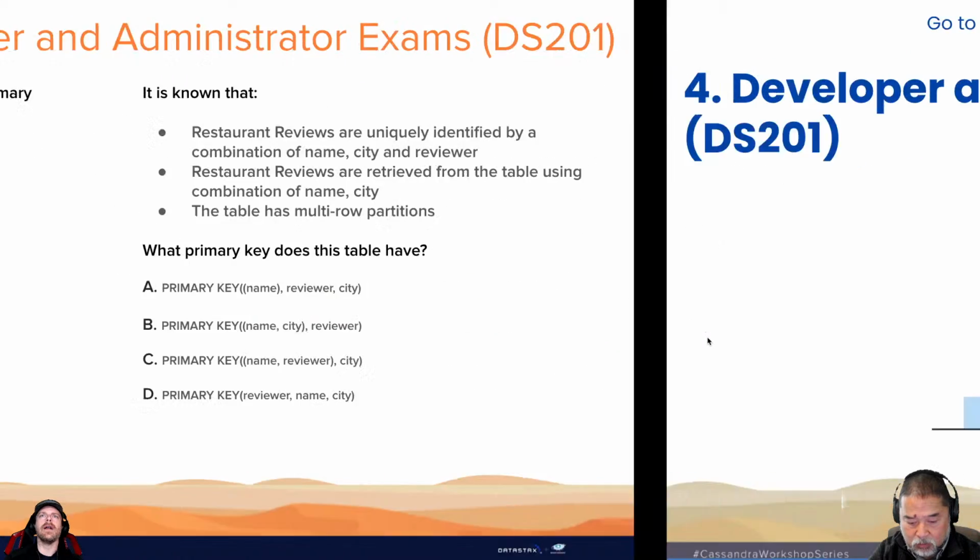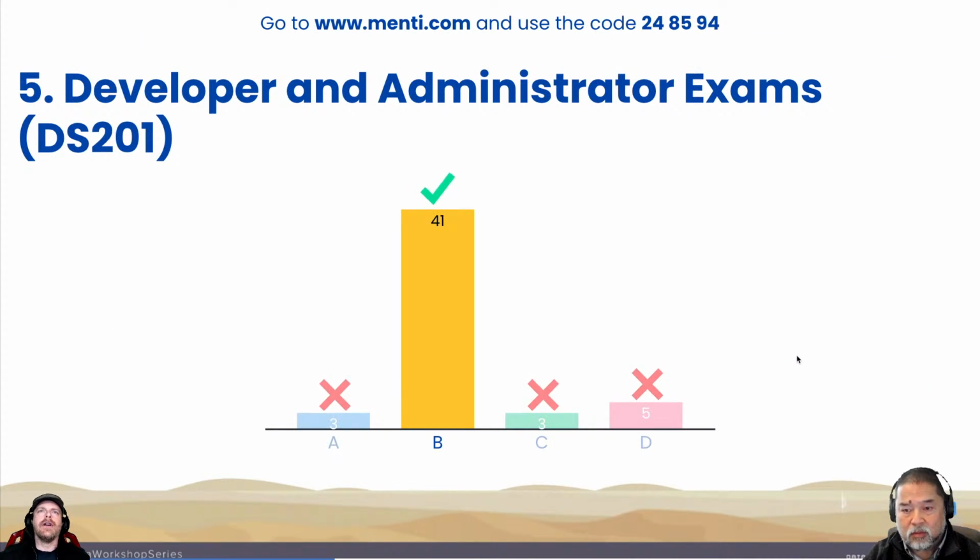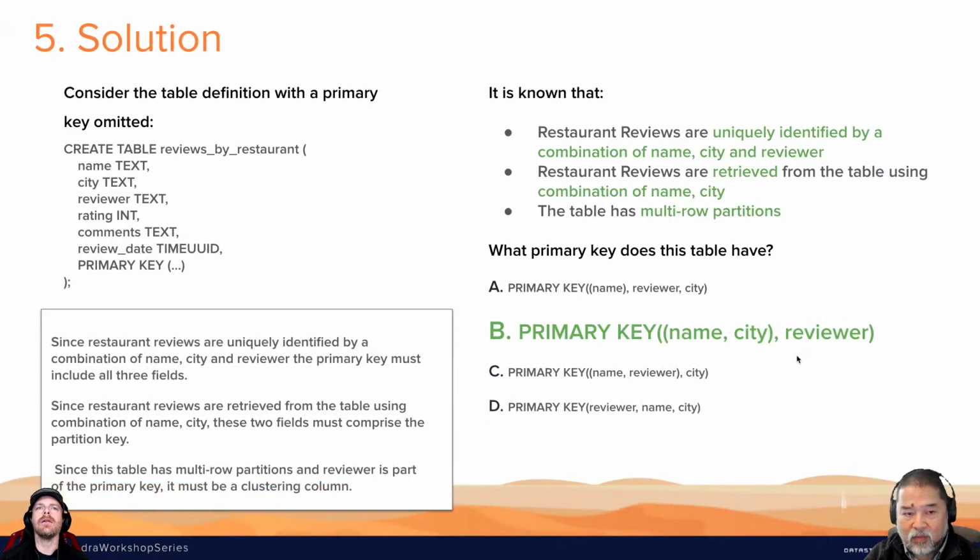All right, looks like the answers are in, and let's take a look. The correct answer here was, in fact, B. So it looks like most of you got this one right as well. Very good. So if you look at this one, we're trying to decide what the primary key is. We have to look at those three statements. Restaurant reviews are uniquely identified by a combination of name, city, and reviewer.